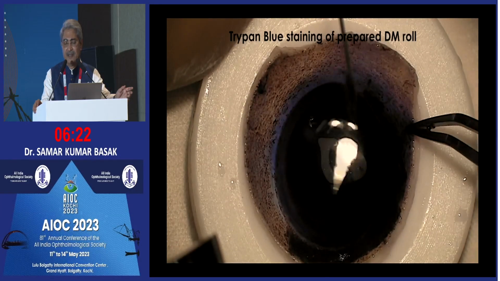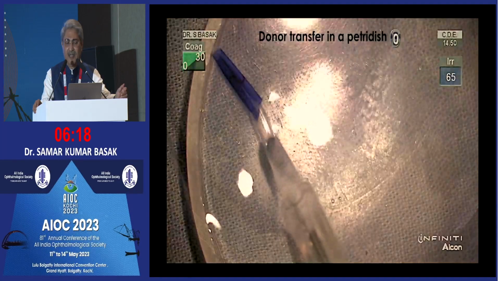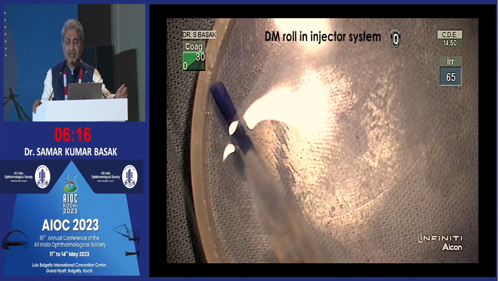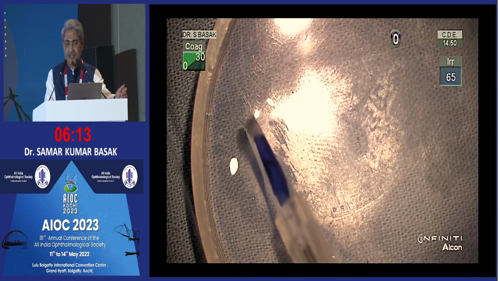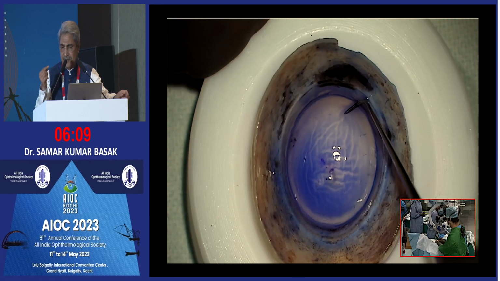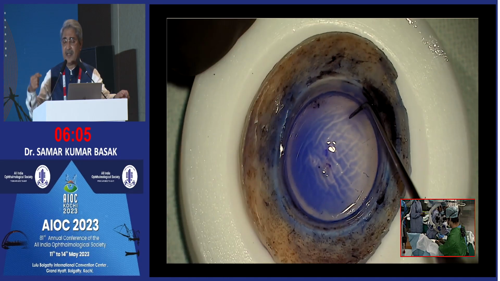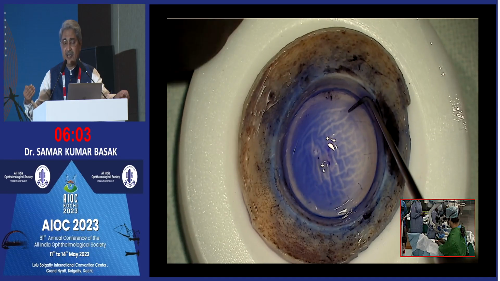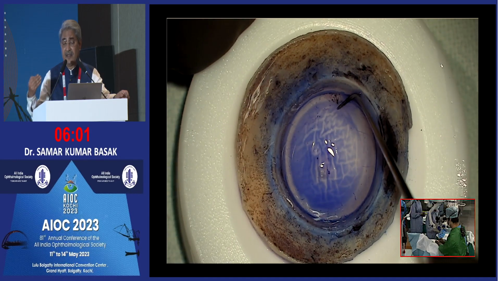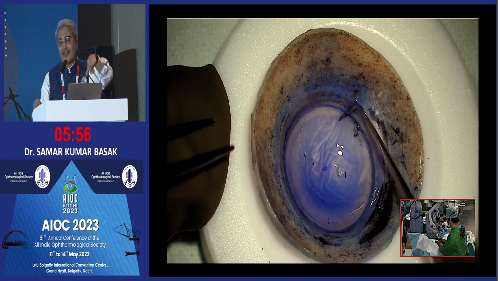Peel it, then stain it again for 1 minute or so, shift it to a petri dish and load it in an injector. This is a beautiful video. You see that you can use this instrument to separate the Descemet's endothelium from the posterior stroma, and this is so useful that the surgeon is just rotating it.